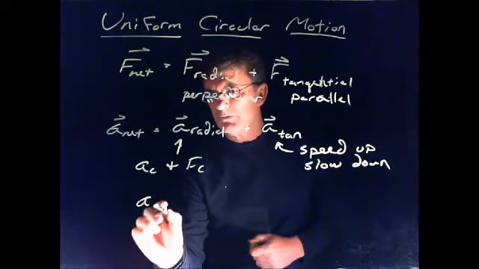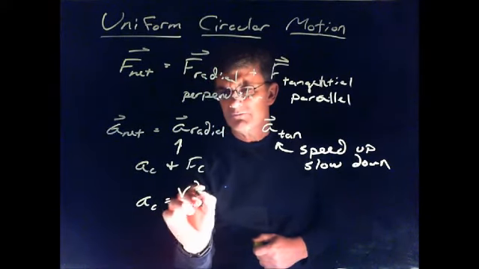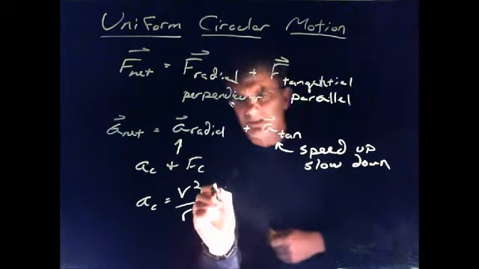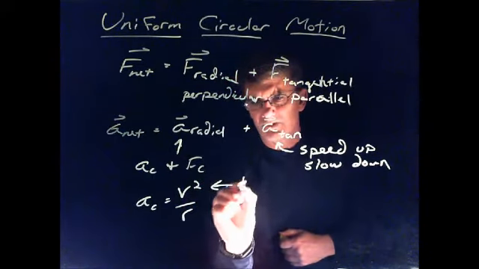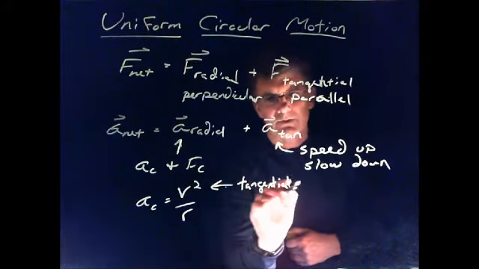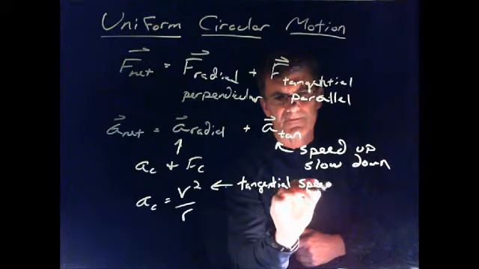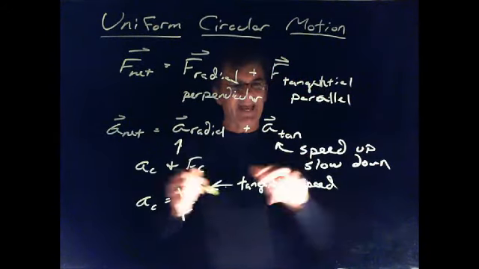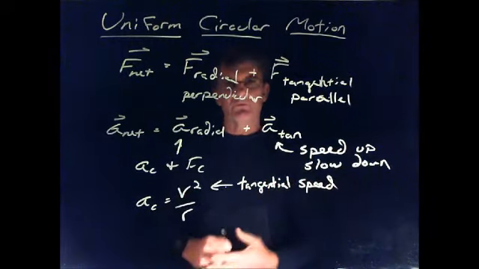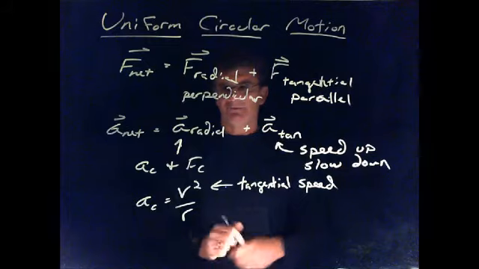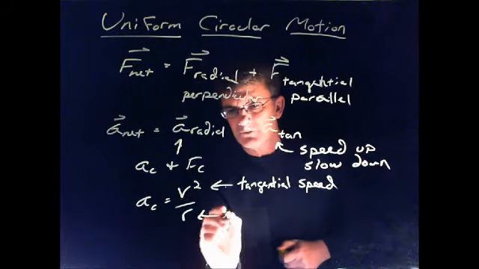The centripetal acceleration is v squared over r. V is its velocity, sometimes referred to as the tangential speed. Simply, how fast is it going? If it stopped moving in a circle, it's going to start traveling in a straight line at this speed. That's why it's referred to as the tangential speed. It's going to move off on a tangent at that velocity. r is our turning radius.